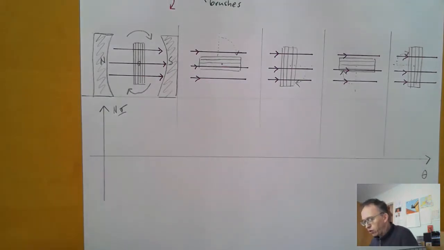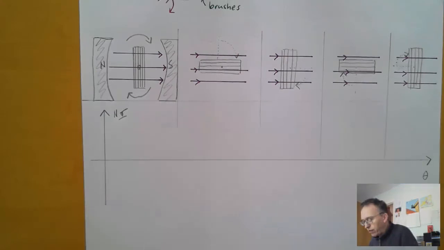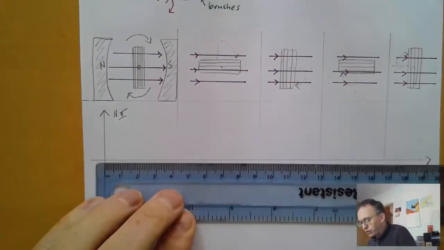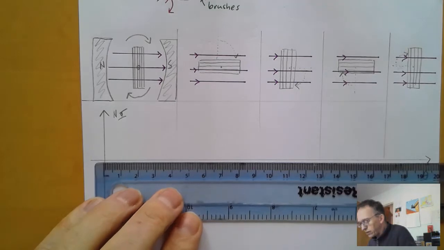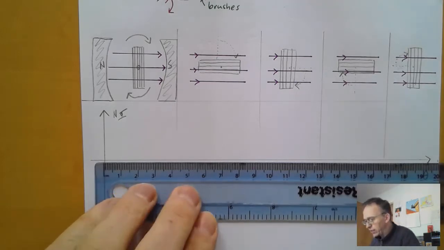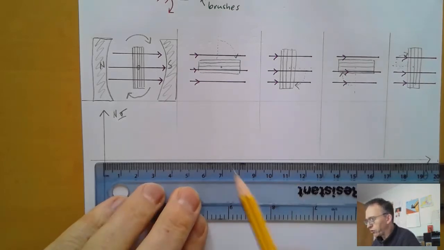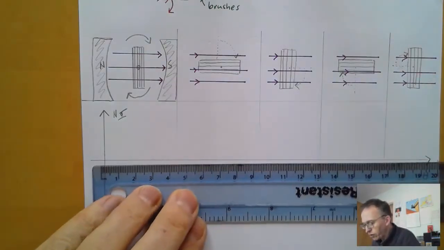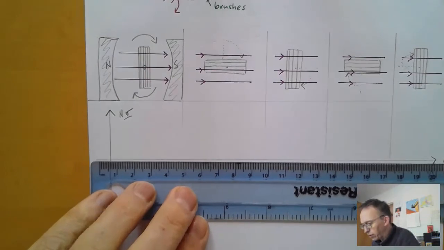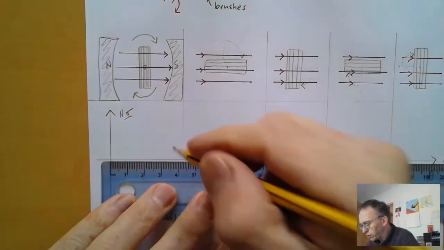As we go across, that's going to go from 0 to 360. Yes, I've got about 20 centimeters there, so I want to break that into 4 times 90, which is 5 each.